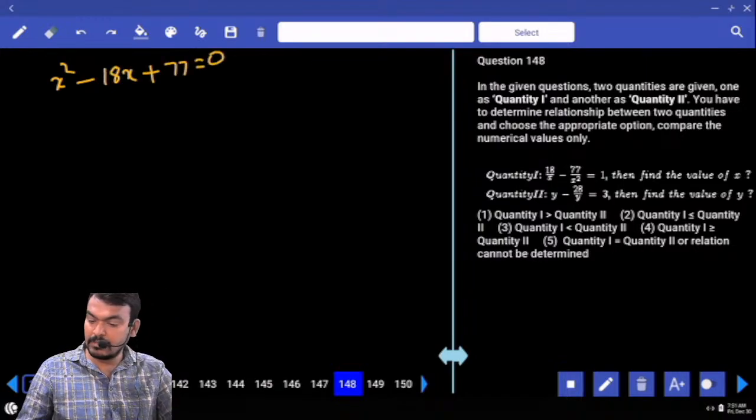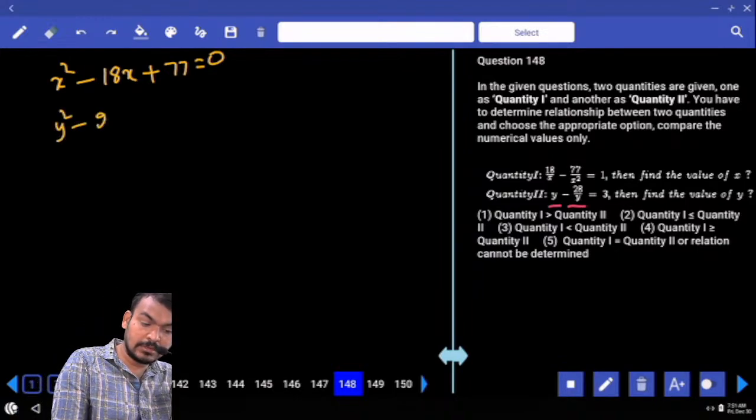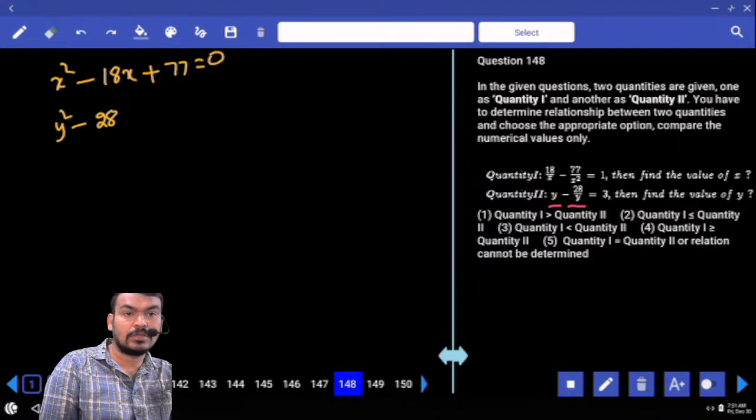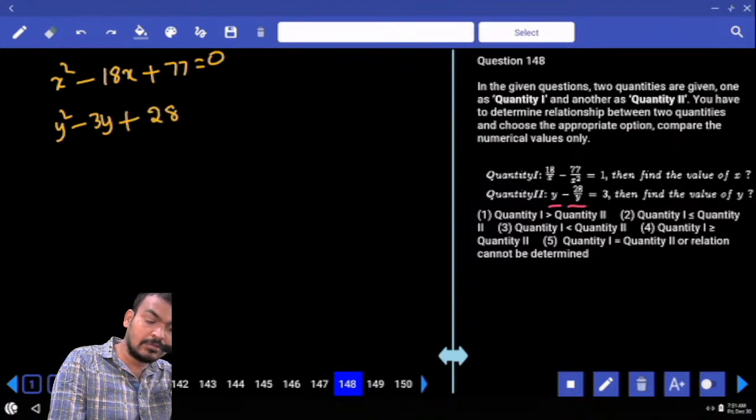Second one: y into y square minus 28 equal to 3y. Here I write y square minus 3y minus 28 equal to 0.